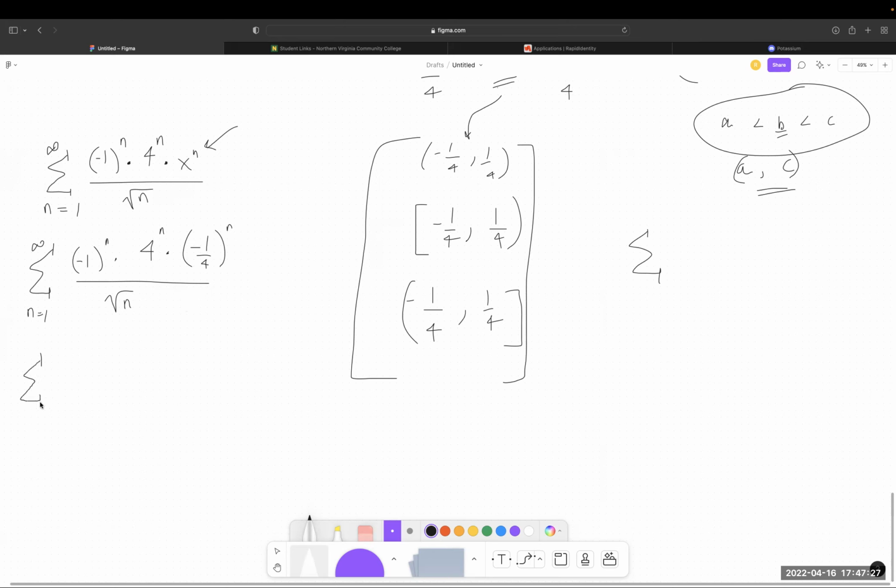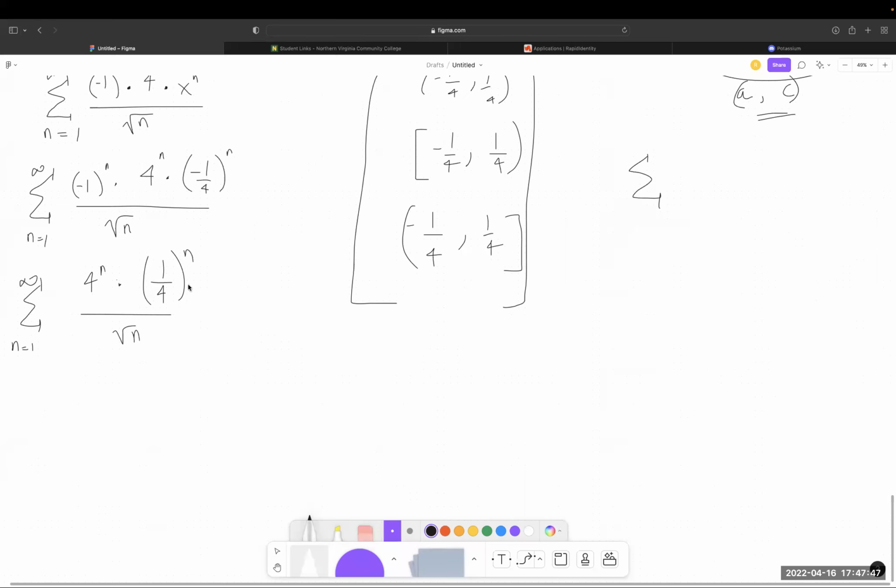So that would be 4 to the n times, just a positive 1/4, all to the n, divided by the square root of n.